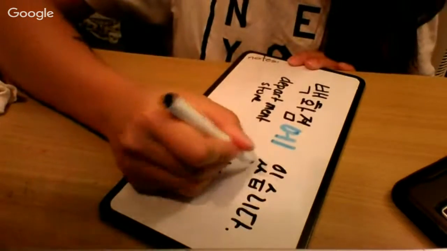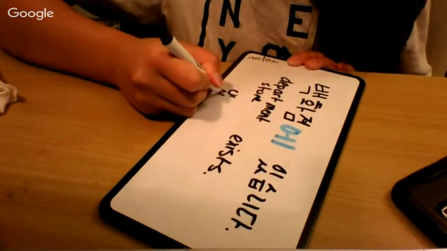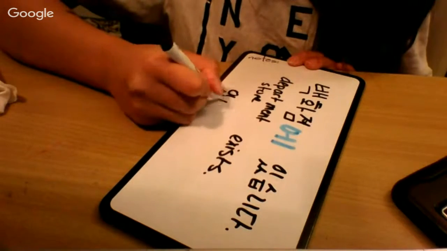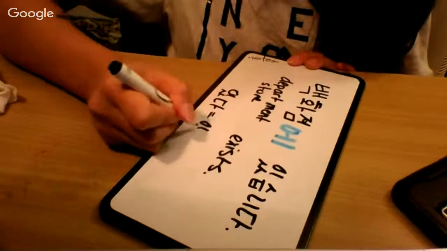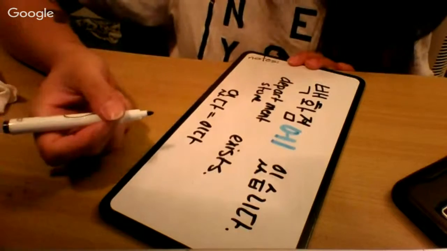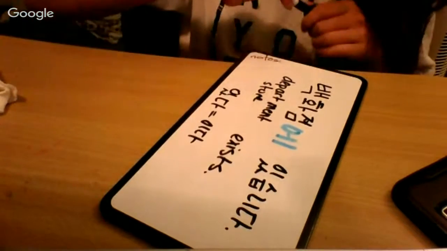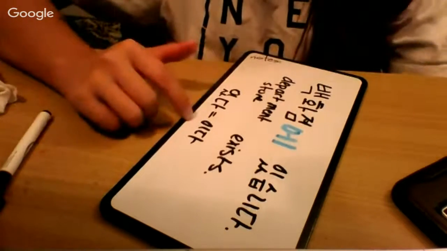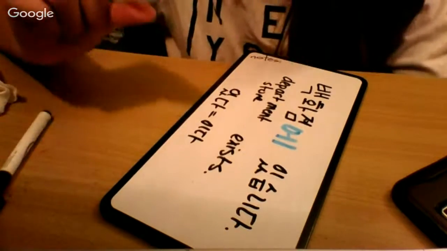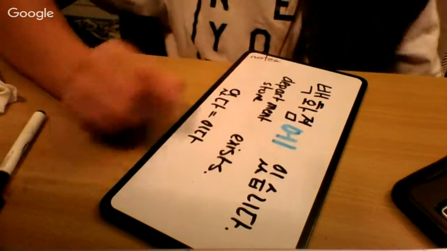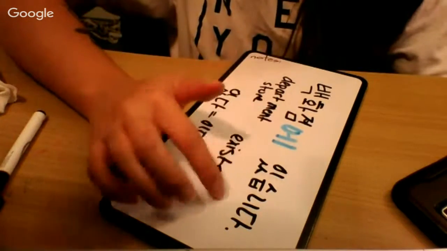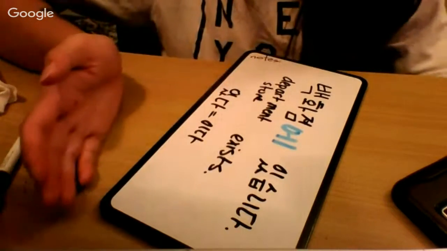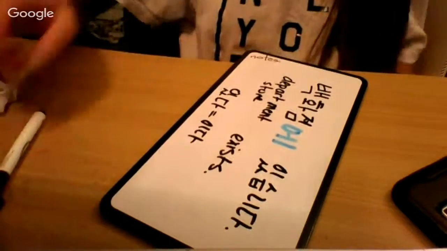So what I wrote here, 있다, is how you say it. Ita and ida are very similar, especially in speaking, but this means more to be and to exist. So there is a very slight difference. So 백화점에 있습니다, which means it is at a department store.